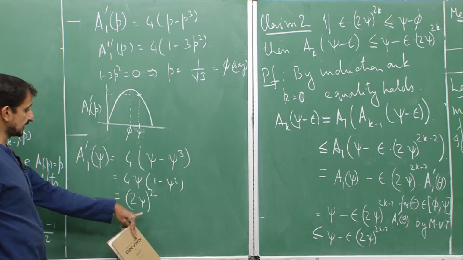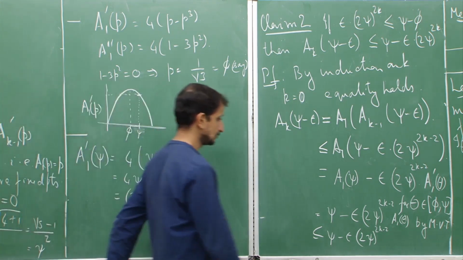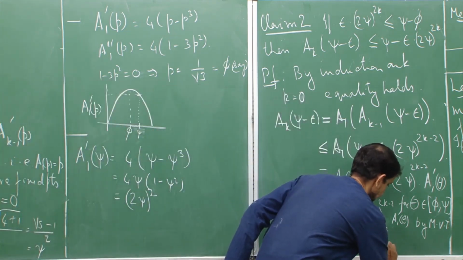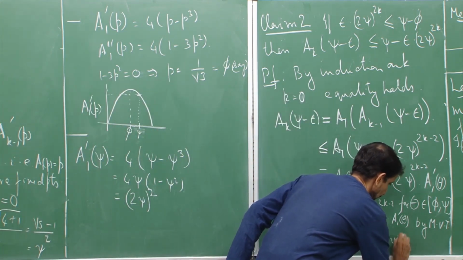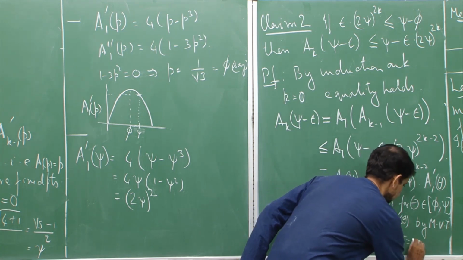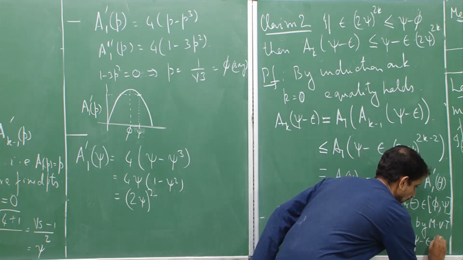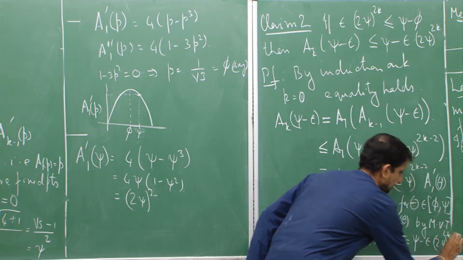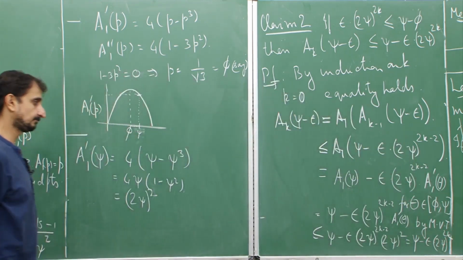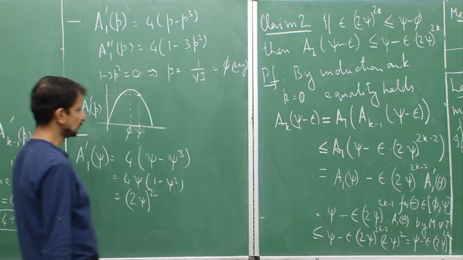A 1 prime of psi is 2 psi whole square. So, this I can write as times 2 psi whole square, which is what we want. Exactly. So, this proves the claim.